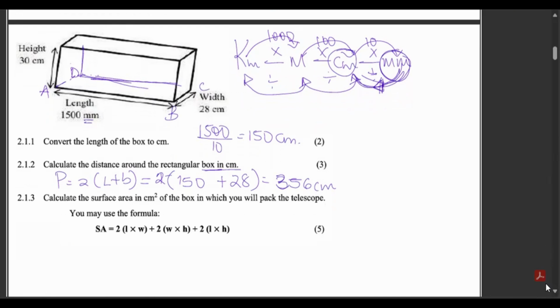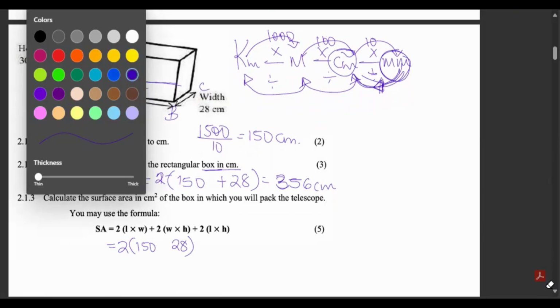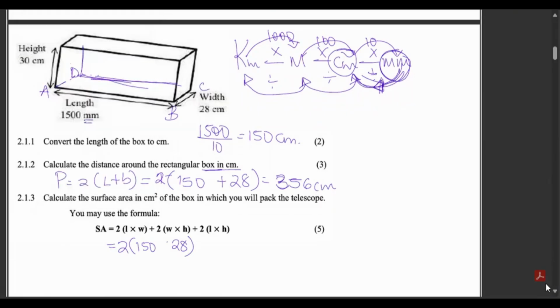Okay, the way it is, 2 open brackets. What's my length? 150. What's my width? 28. Please, we are multiplying. We are not adding. We are multiplying. Then plus, I'm looking at this plus. 2, open brackets, width, which is this, 28, times the height.